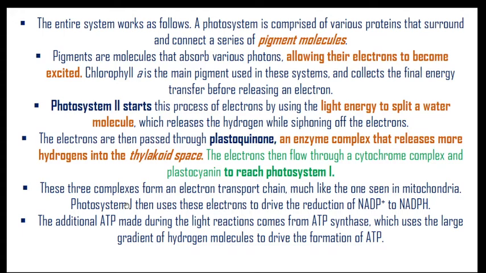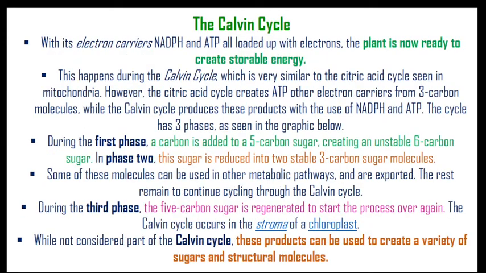Photosystem 1 then uses this electron to drive the reduction of NADP positive to NADPH, an energy rich molecule. Then additional ATP made during the light reaction comes from ATP synthase, which uses the large gradient of hydrogen ions to drive the formation of ATP, meaning an energy rich molecule.